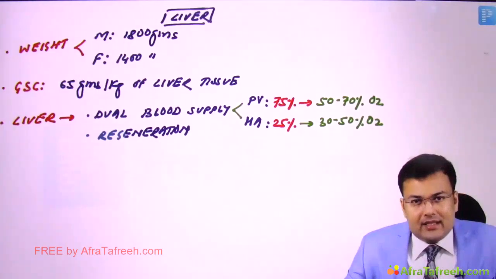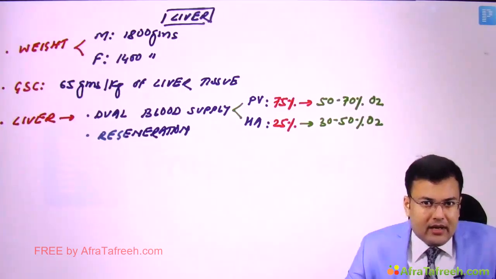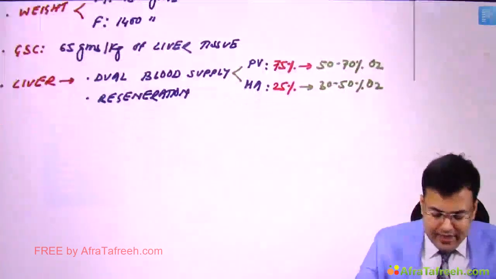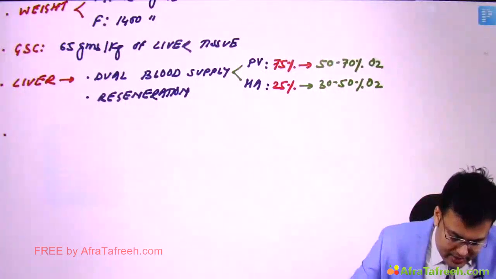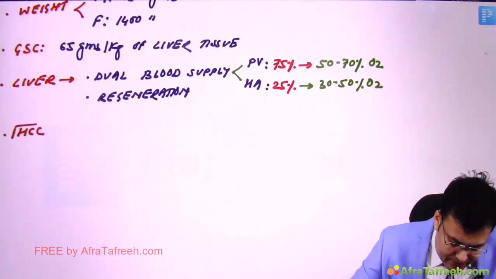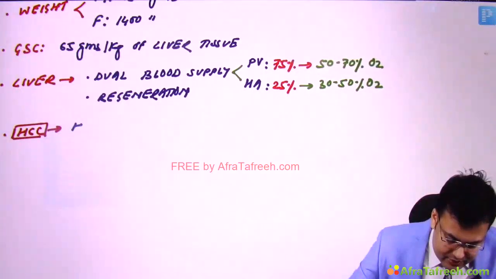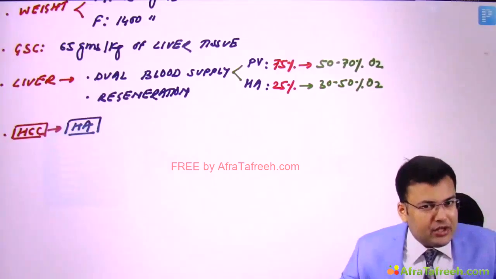Another very important property: HCC, hepatocellular carcinoma, is exclusively supplied by branches of hepatic artery. Clear? Now what is the application of this fact?